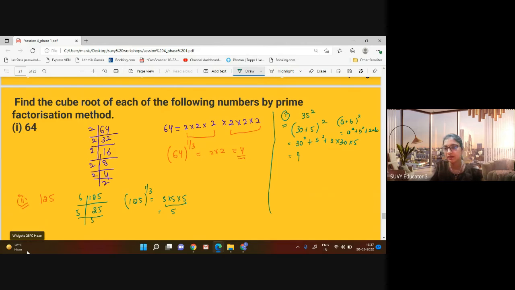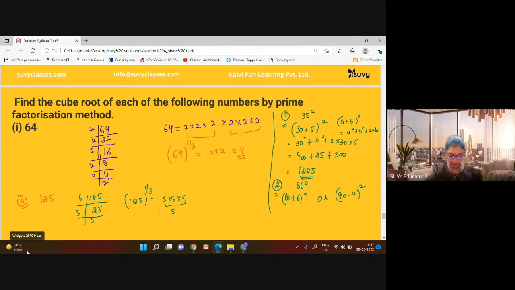So it means 900 plus 25 plus 300. So the answer is 1225. In the same way, you will have to calculate 86 squared. It's your wish: you can do 80 plus 6 whole squared, or 90 minus 4 whole squared. Both are the same.